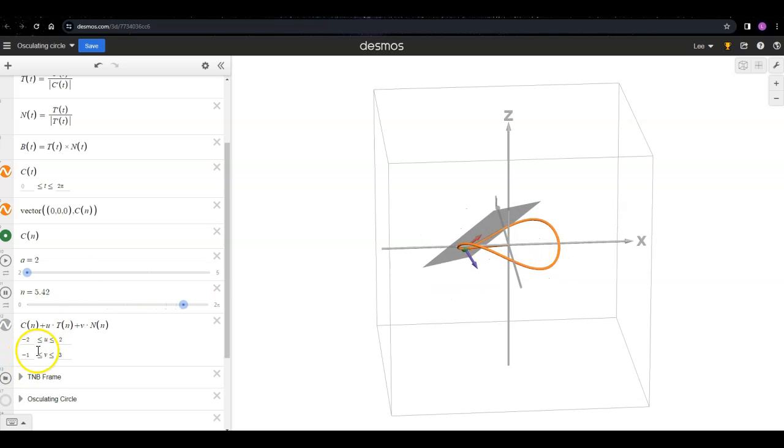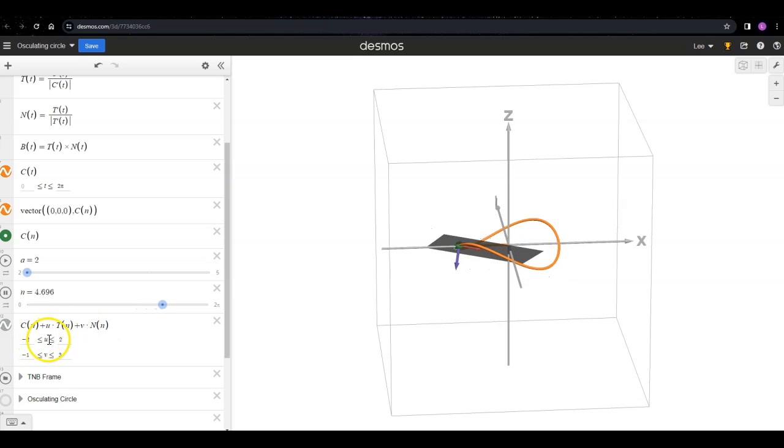Now what we can also look at is something called the osculating circle. One thing I'll point out before we get to that is this plane is sort of the parametric equations with two variables to form that plane. So we basically have C of n, that's our green point right there, so that's our starting point. And we're just going to move some number of units u in the t direction, some number of units v in the n direction.